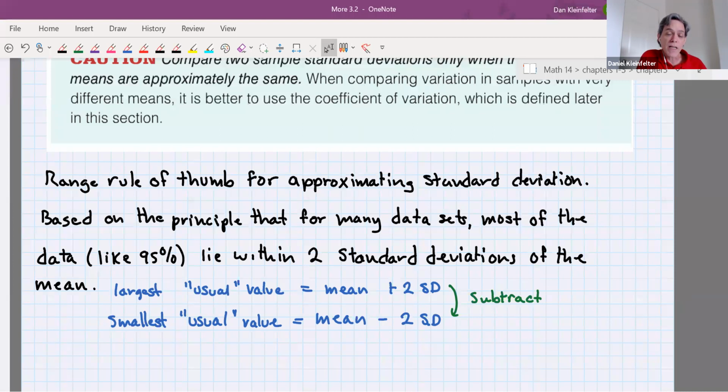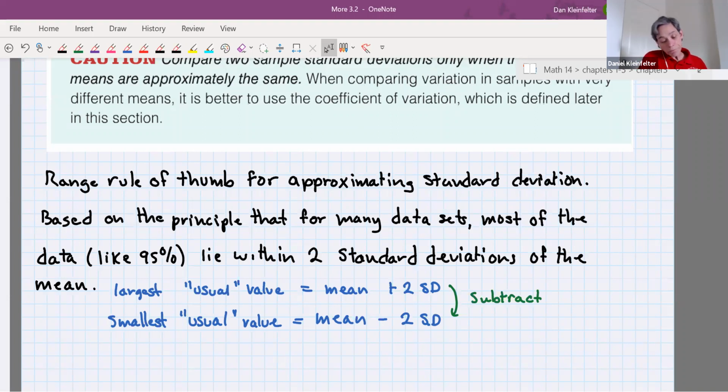For example, if we were to take all of the students in this class and measure everyone's height, and find the mean, and then find the standard deviation, we would find that 95% of your heights would fall within two standard deviations of the mean. There would be some people really tall, some people on the shorter side, but about 95% of the data would lie within two standard deviations of the mean.